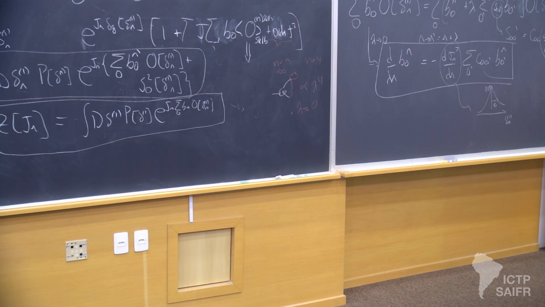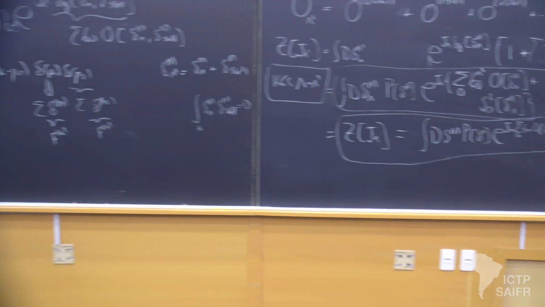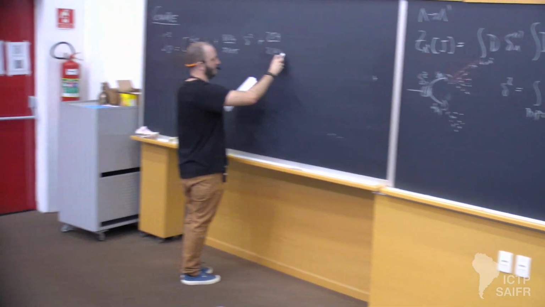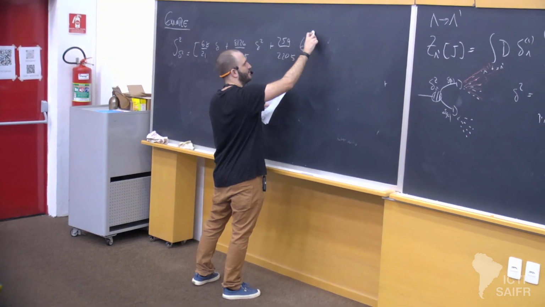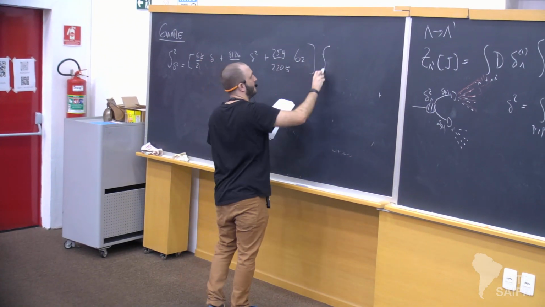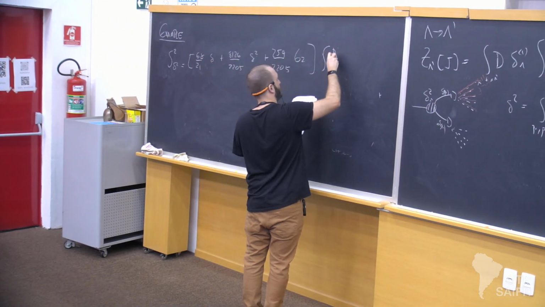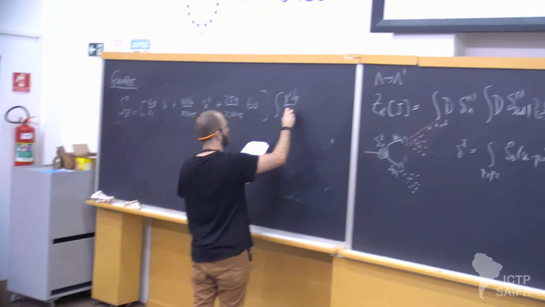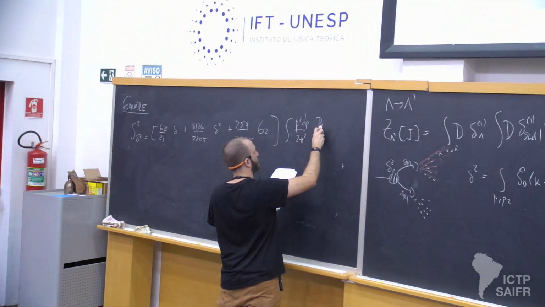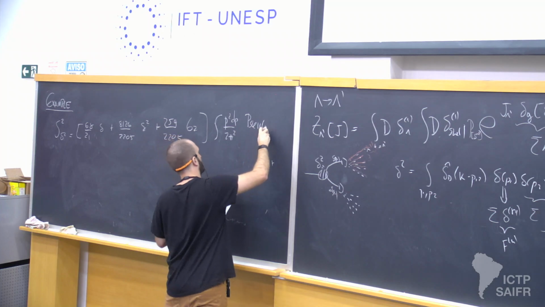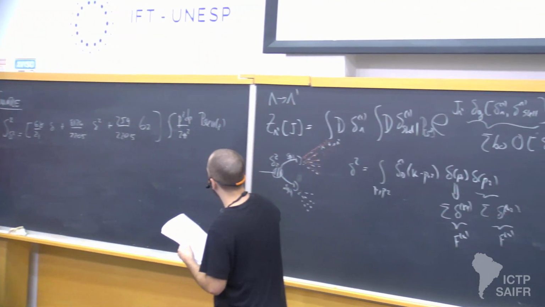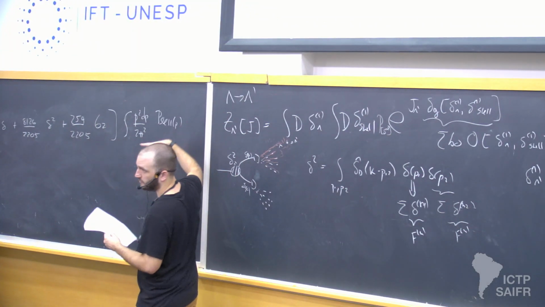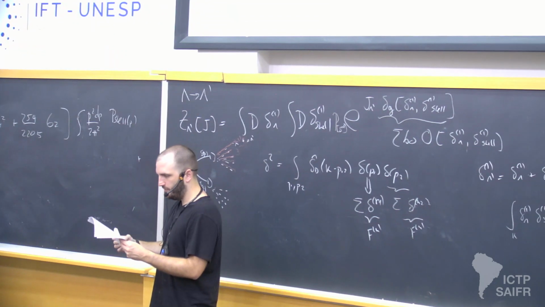Again, you probably saw those magical numbers before. Surprisingly, it's exactly the same magical numbers you had before, times the integral of p square dp over 2 pi square, P shell of p. P shell of p is just the linear power spectrum calculated in a very small shell.